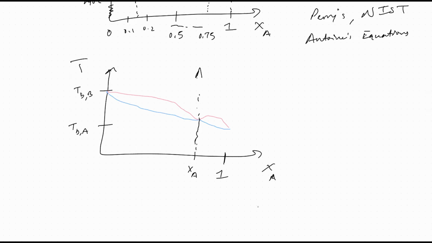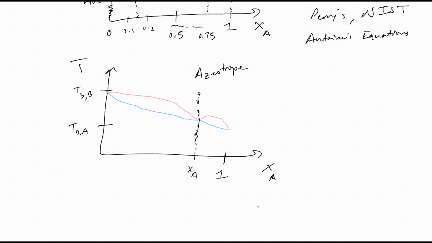So this is called an azeotrope. At this composition, essentially there is no separation into a liquid phase and a vapor phase. You go straight from liquid to vapor. So you have liquid, liquid, and then suddenly vapor, vapor, vapor.